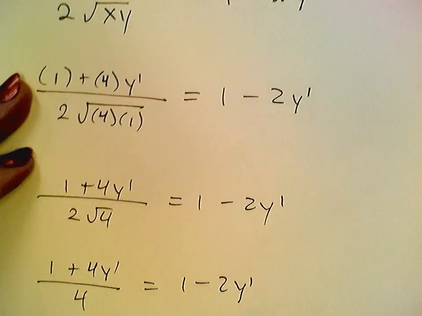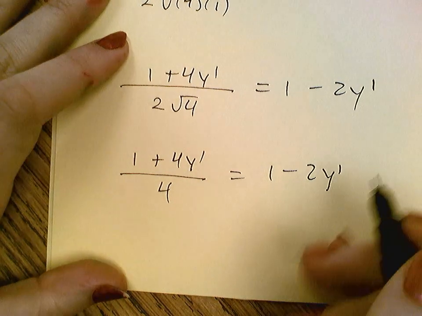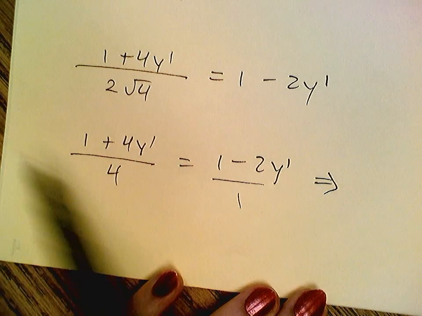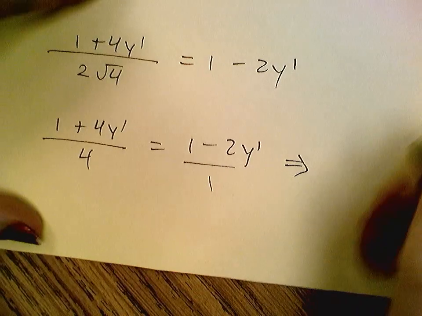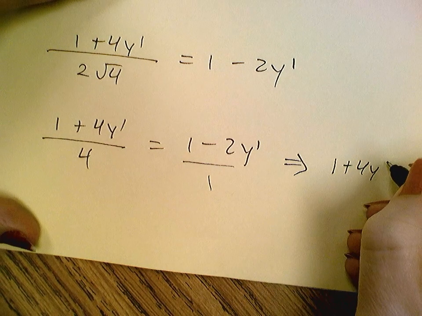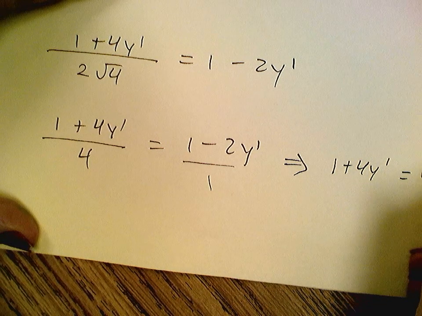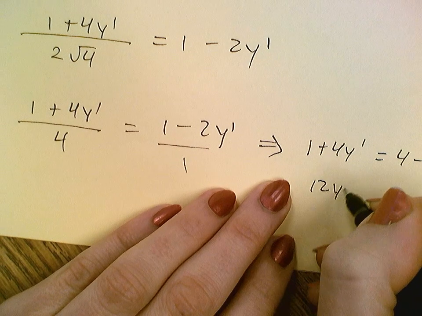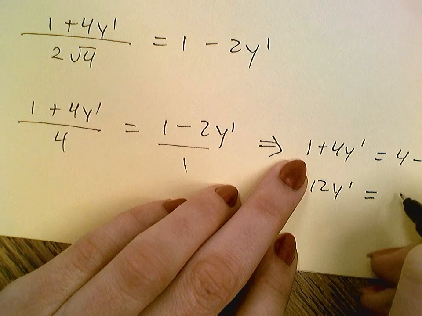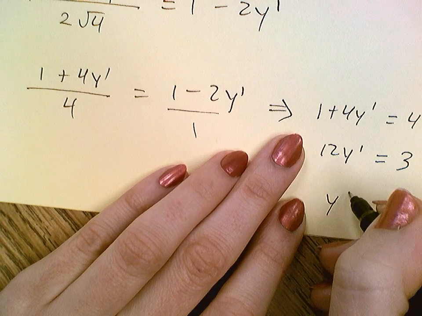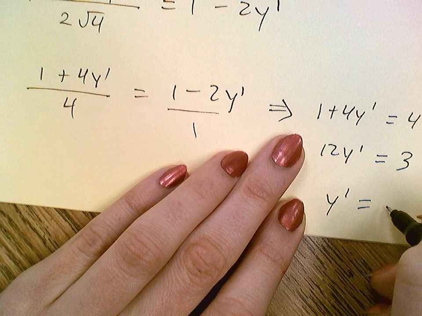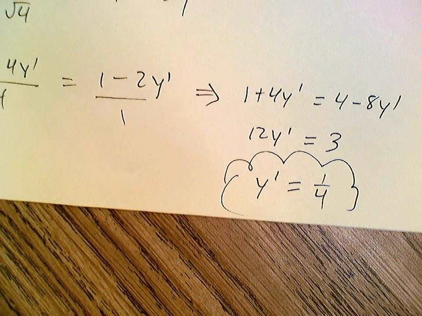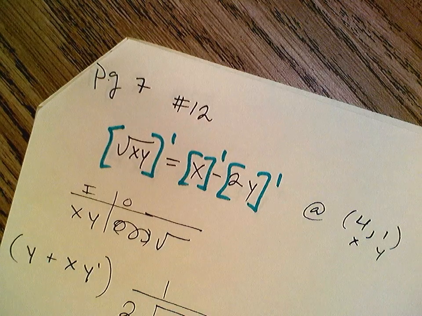y prime, whoops, that's important. I'm multiplying both sides by 4, or cross multiply, however you want to think of it. 3/12 is 1/4. Okay.